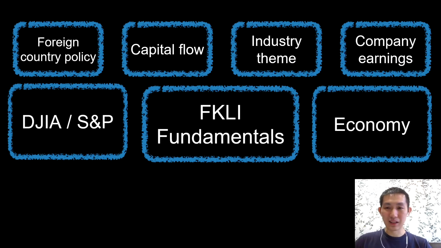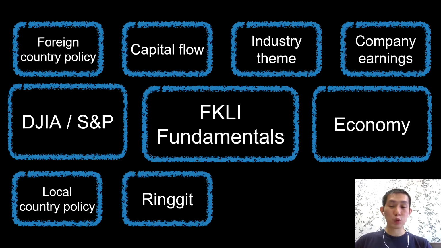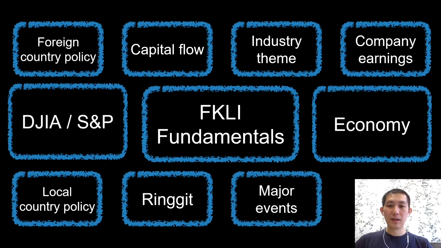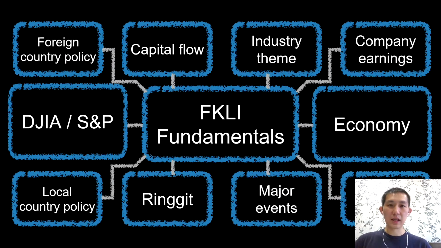Maybe you want to look at the Dow Jones Industrial Average or even the S&P index, local country policy, whether the ringgit is strengthening or weakening, major events that are happening around the market, as well as some other factors. So all of these factors may influence how the FKLI moves.